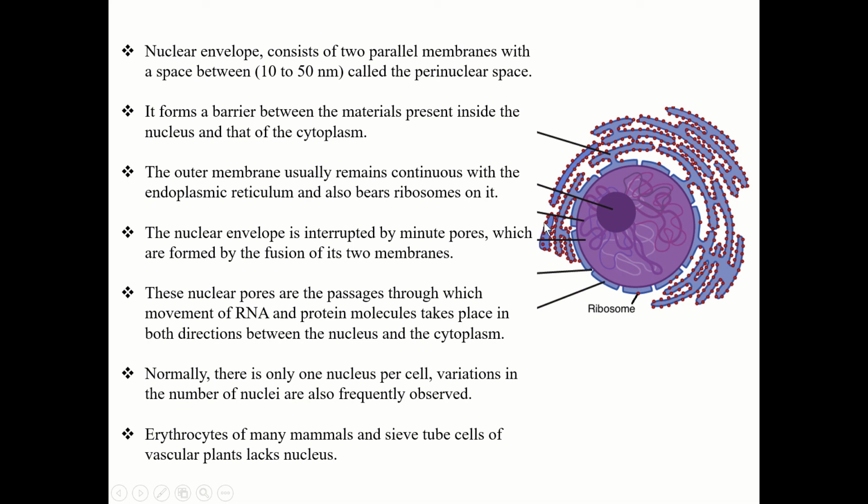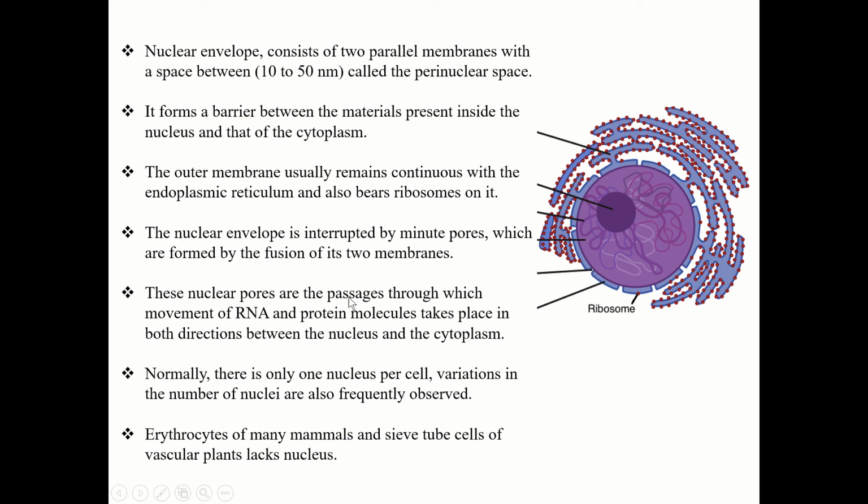The outer membrane usually remains continuous with the endoplasmic reticulum, as you can see here, and also bears ribosomes on it. The nuclear envelope is interrupted by minute pores, small hole-like structures present on the nucleus. They are called nuclear pores, which are formed by the fusion of its two membranes.